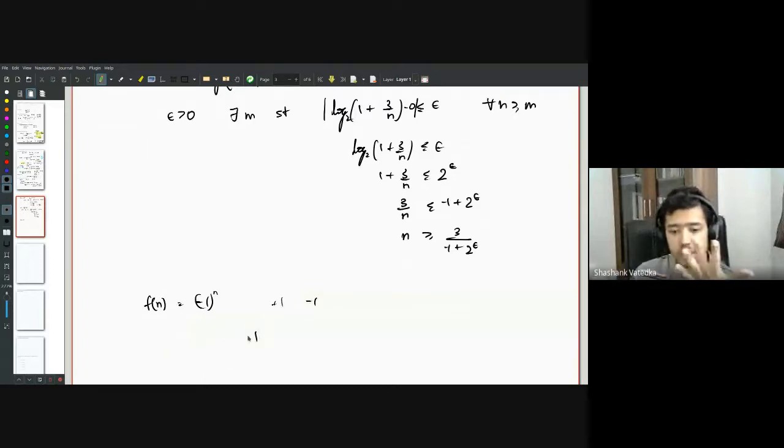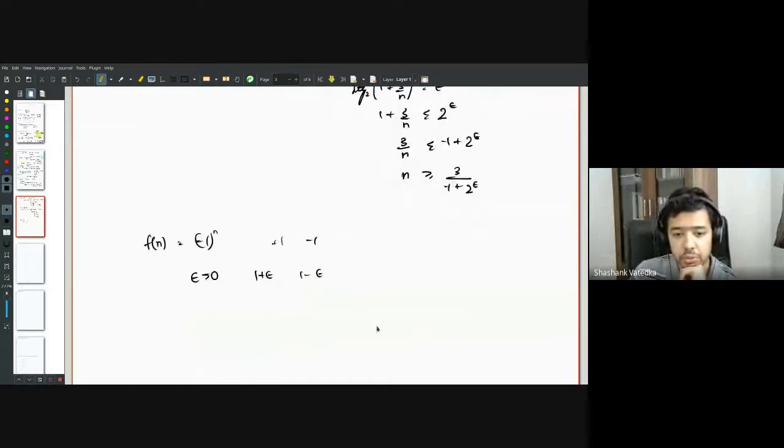For all sufficiently large n, you can find an epsilon such that you will always find points outside 1 plus epsilon or 1 minus epsilon. In particular, let us say that you take epsilon equal to 0.1, then you can always find points such that the absolute value of f of n minus 1 is greater than 0.1.